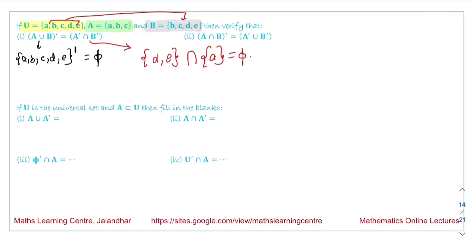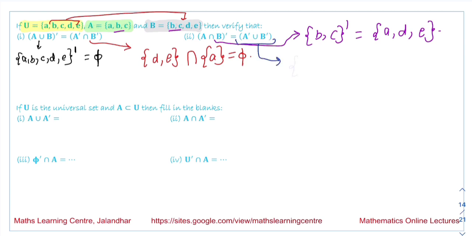Next we have (A intersection B) complement. So what is A intersection B? The common elements we have over here are b and c. And what is the complement of this set? It is {a, d, e}. Next we are talking about A complement union B complement.